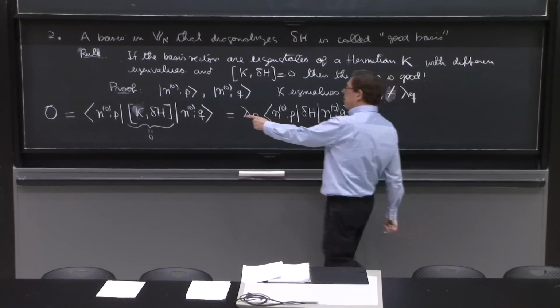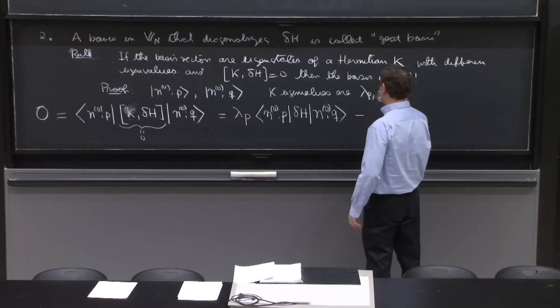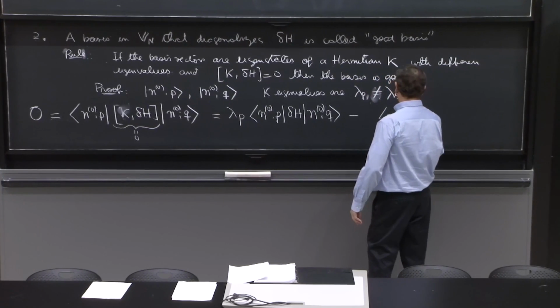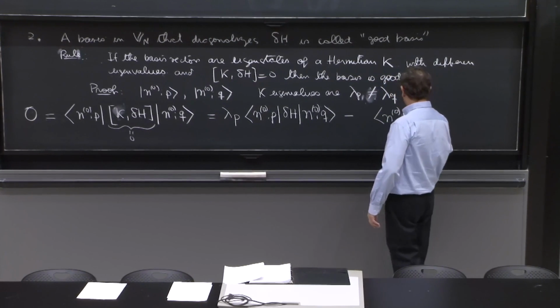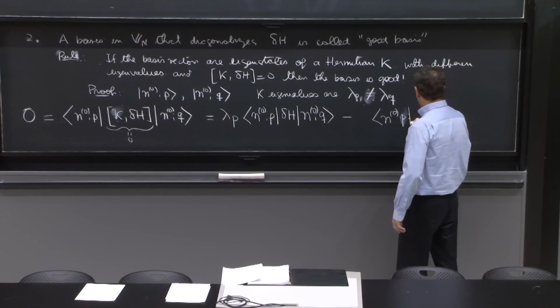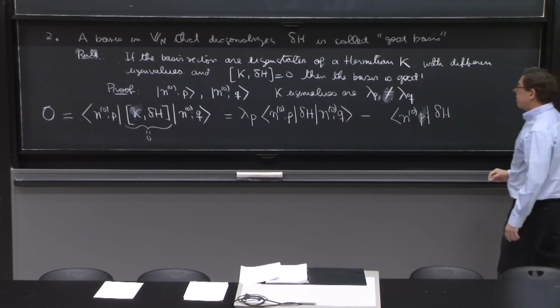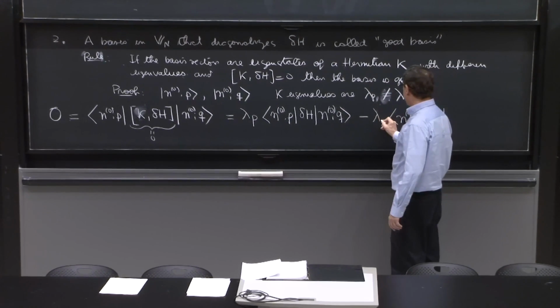And the second term is a minus, with delta H on the left, so you get a minus n0 p delta H, and the K acting on the right this time gives you lambda q.